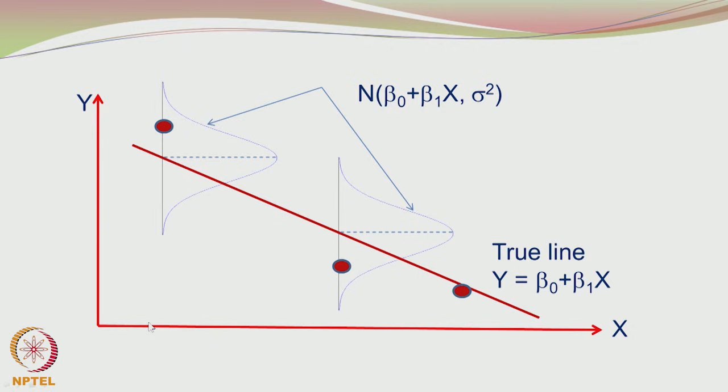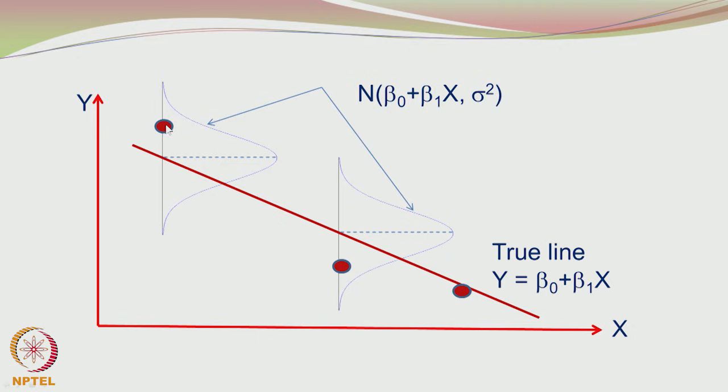So, if you take the level for x as x a at this point, then the actual true but unknown value would be given by beta naught plus beta 1 x a, calling this variable setting as x a. So, this is the true response, but the experimental data, because of the randomly varying error component, would be scattered, and so this is where the point lies.